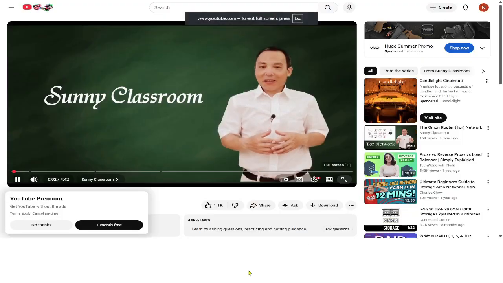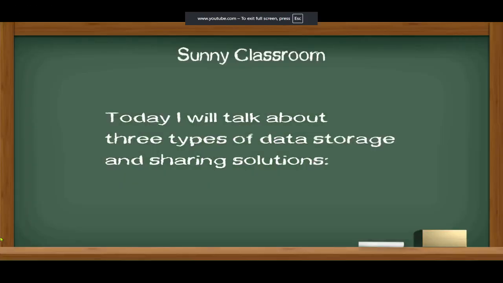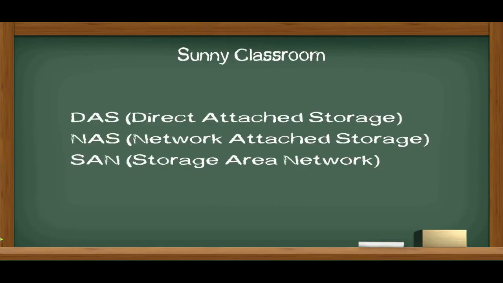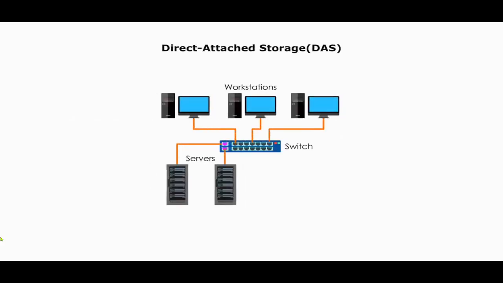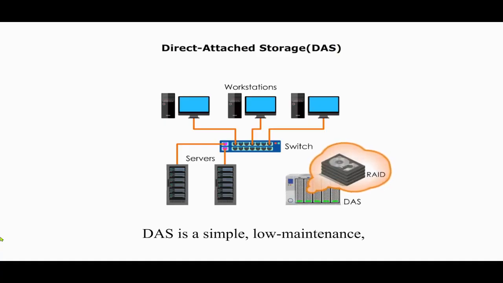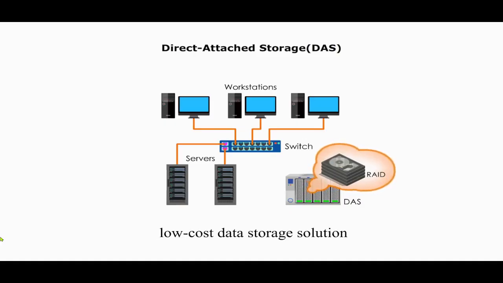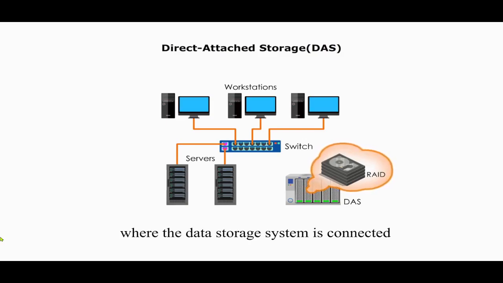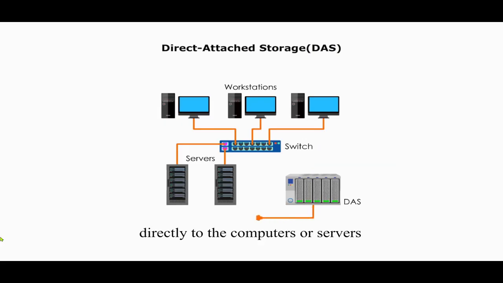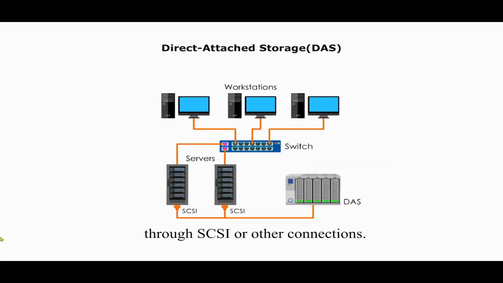Hello, and this is Sunny. Welcome back. Today I will talk about the 3 types of data storage and sharing solutions: DAS, NAS, and SAN. DAS, direct attached storage. DAS is a simple, low-maintenance, low-cost data storage solution where the data storage system is connected directly to the computers or servers through SCSI or other connections.